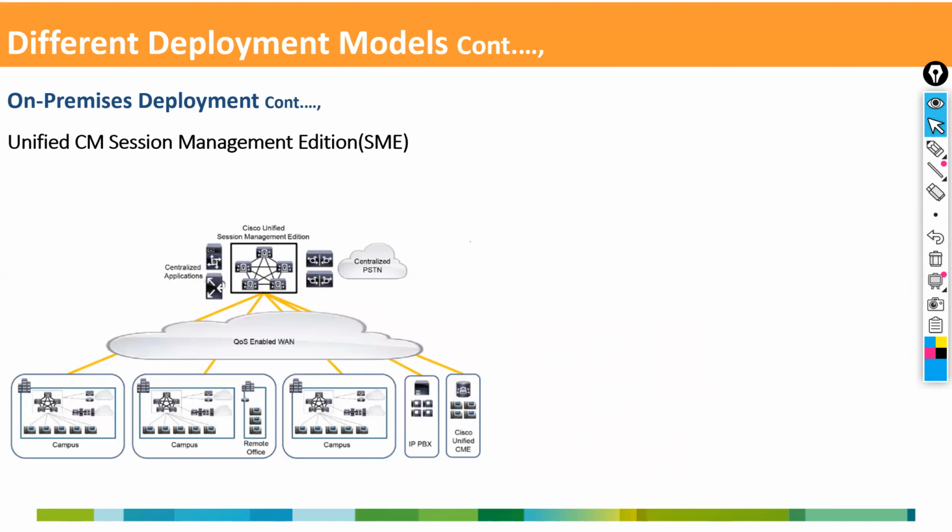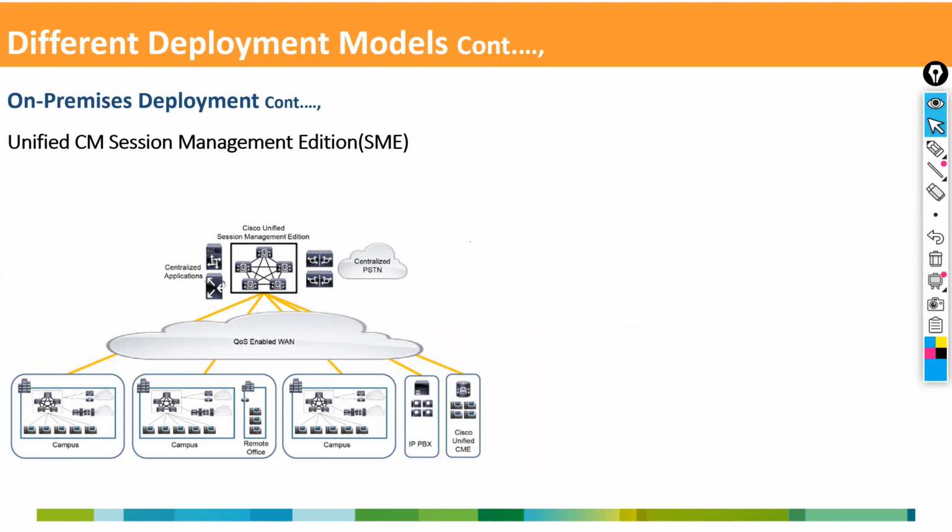Third party means it's not Cisco. CUCM is a product of Cisco. Third party, for example, Avaya, or Alcatel-Lucent, or Mitel. These are the other vendors in the market, the competitors of Cisco. In between these, you want to communicate.